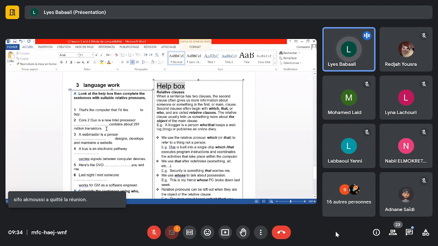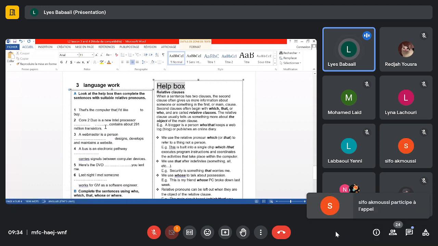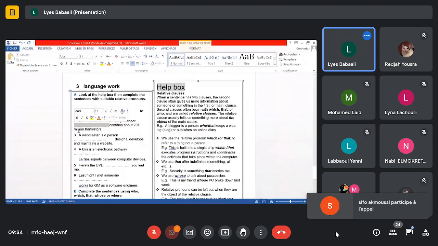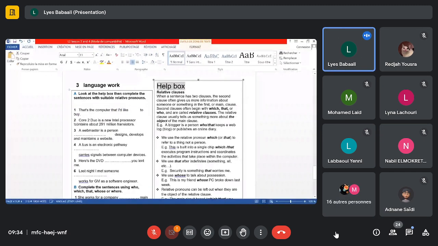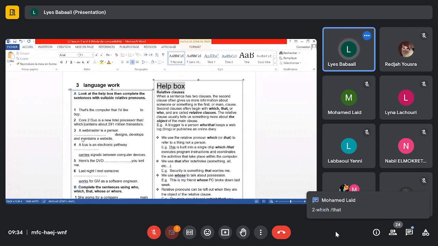In the second one, Core 2 Duo is a new Intel processor that, or which, contains about 291 million transistors.